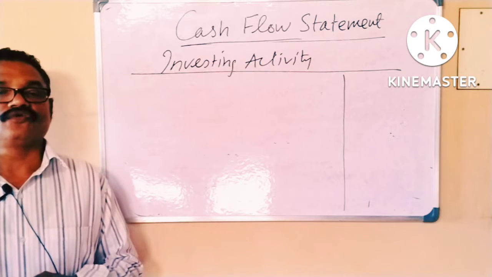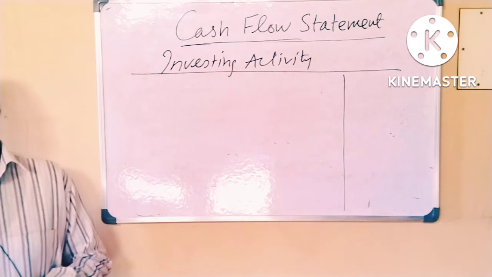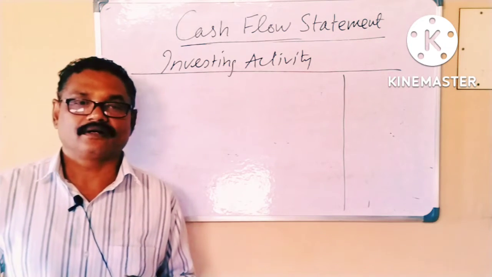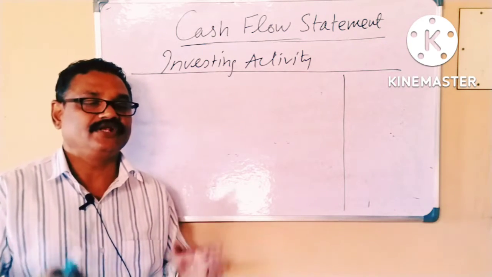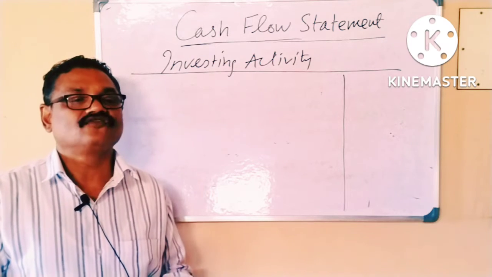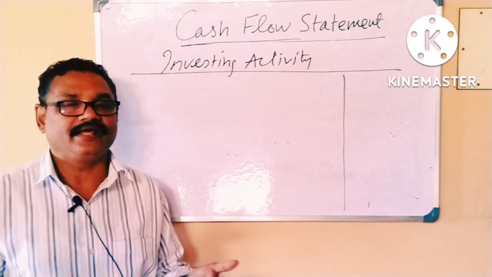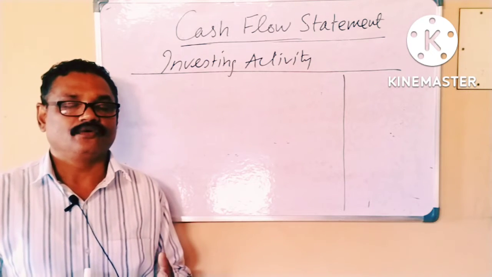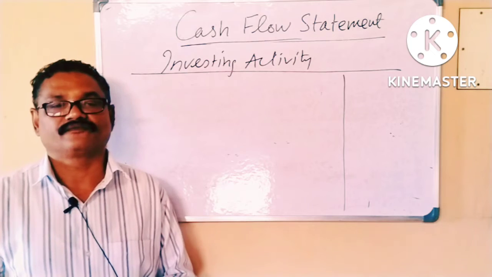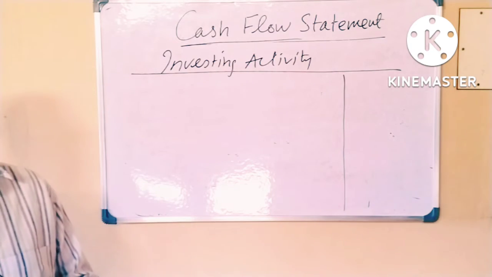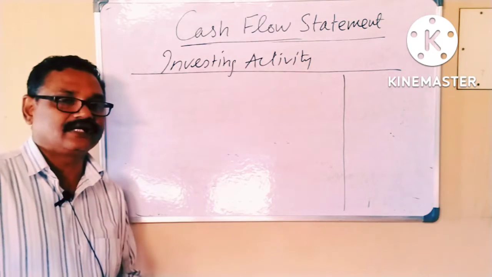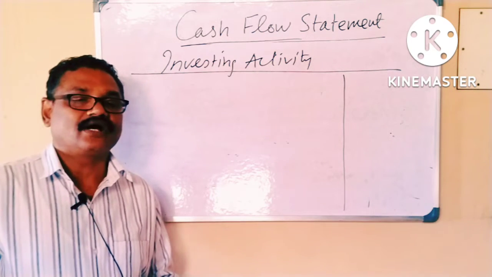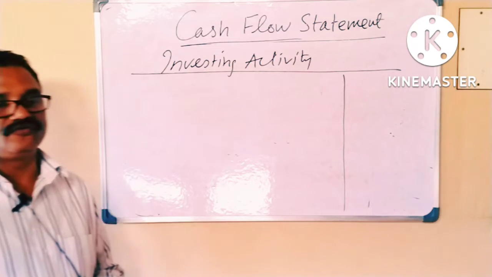Okay, students. So fixed assets means assets which are fixed in nature. Once the business spends a lot of money on fixed assets, it can utilize them for many years. Then those assets are called fixed assets. So furniture and fixtures, plant and machinery, land and building are the important fixed assets.